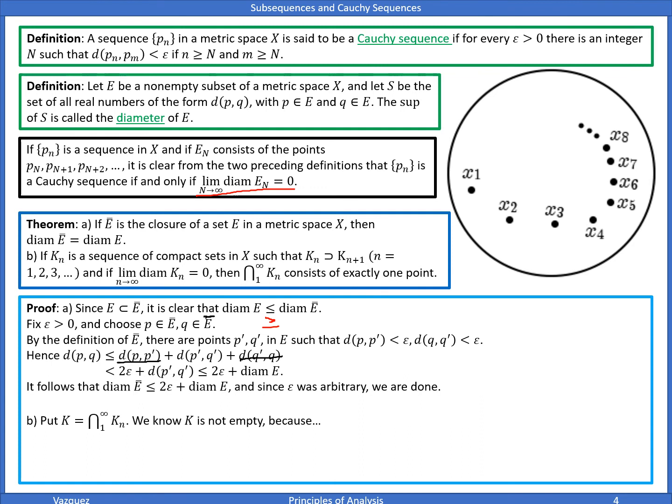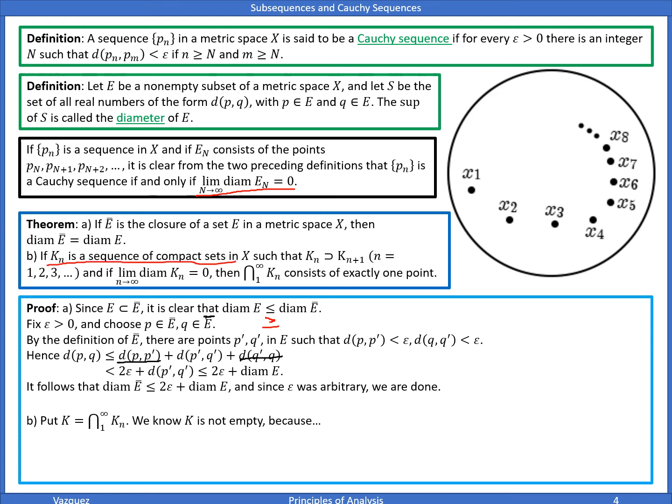Now we move on to B. So we're going to put K equal to the intersection from 1 to infinity of all these compact sets K sub n. I've been saying Q all this time, sorry.